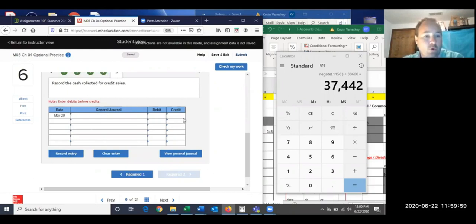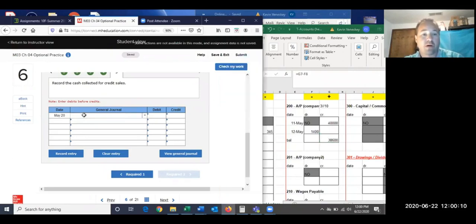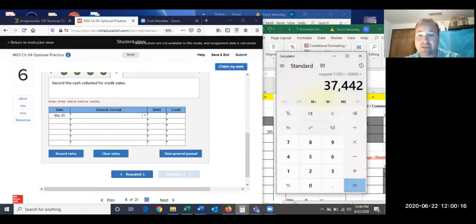And then finally, we record the cash that was collected. So when it's just reversed, our individual owes us $38,600, but they didn't really pay us the $38,600. Remember, they got a discount.